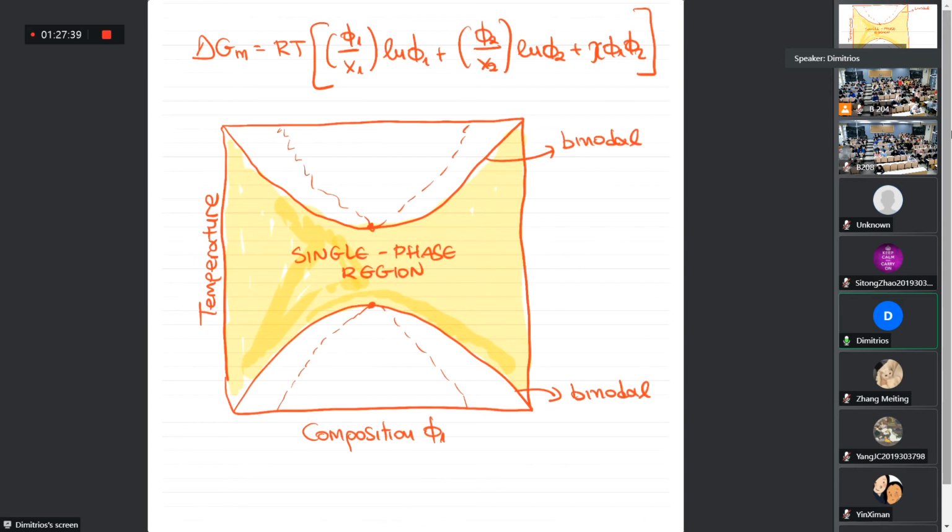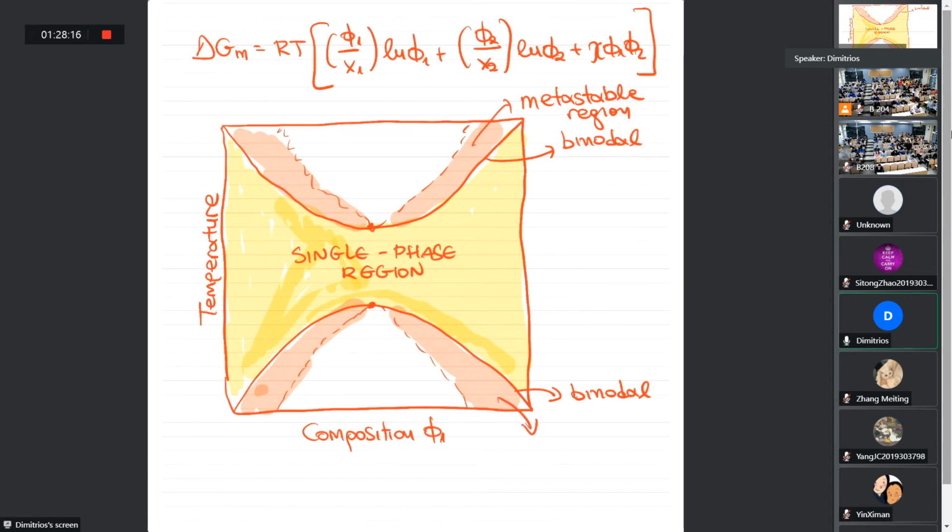Okay, where there is a metastable region, okay? This region here is metastable. These red regions are metastable. So they show a behavior between a two-phase and a single-phase region, okay?